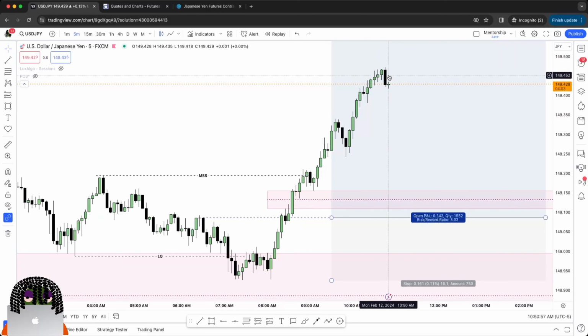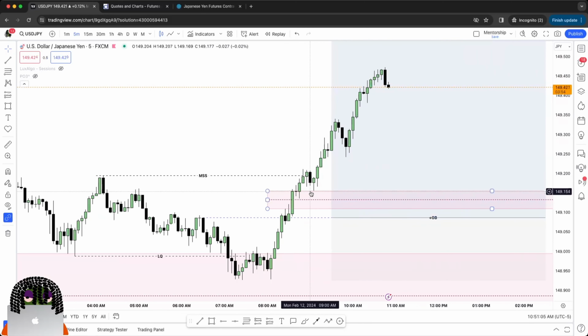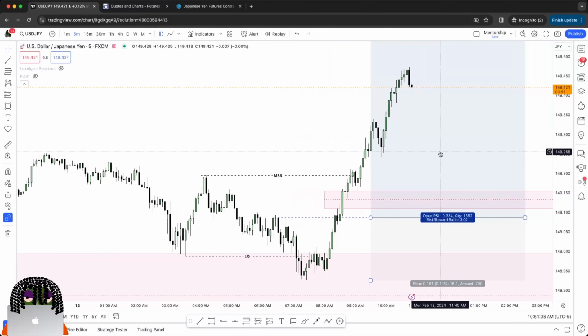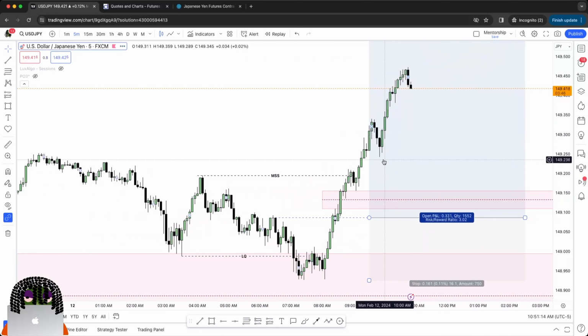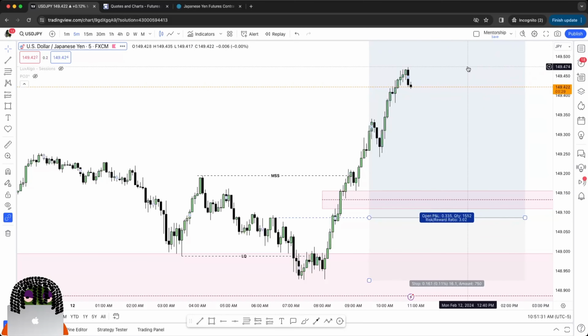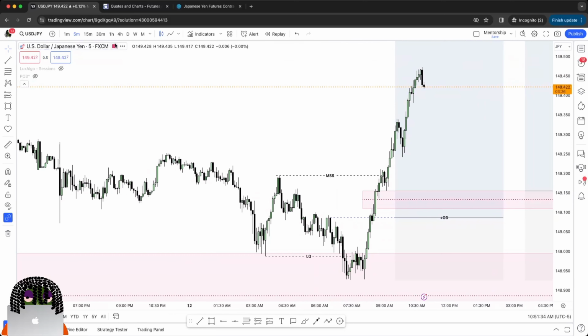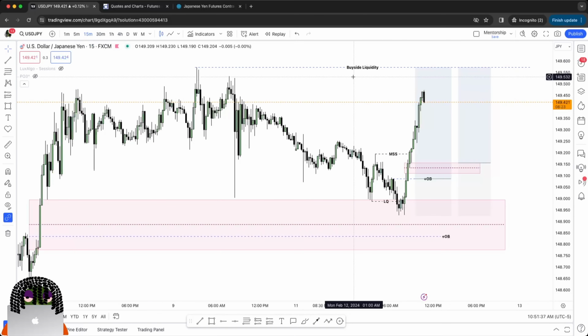But I still believe that, right? Because it created liquidity here, and it also created liquidity here. What I believe it's going to do is come back and take this liquidity, take these, and that would have people thinking that it's going short. Then it's just gonna retrace a little bit, give them a little false sense of hope, and then continue to expand up and run these highs right here.